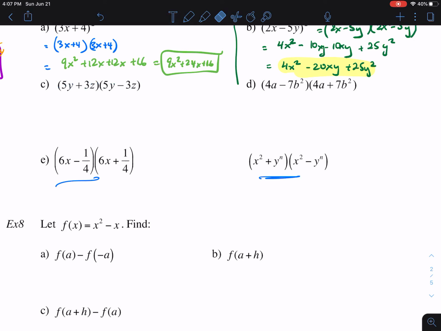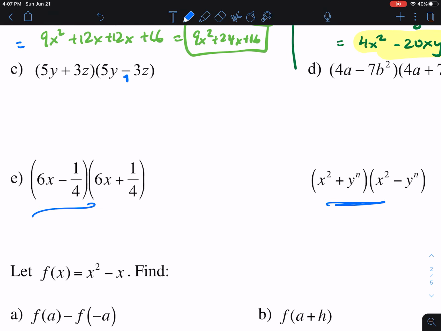Here we have a binomial times itself with the opposite sign in the middle. I want you to pay attention to that. Let's see what's going to happen. 25y squared minus 15yz plus 15yz, and then minus 9z squared.